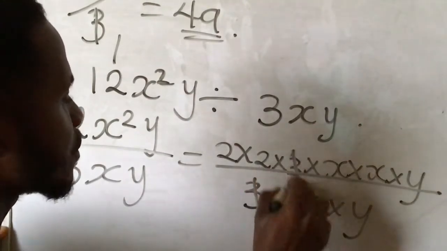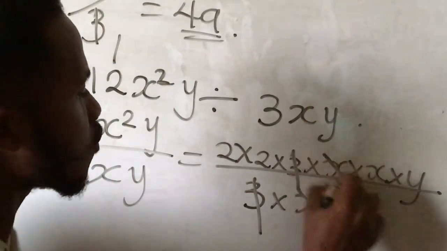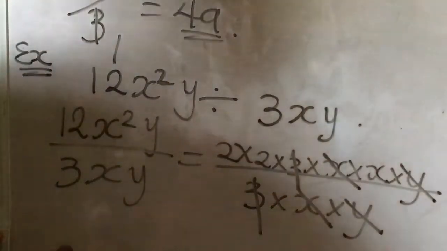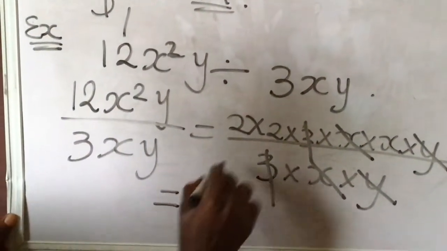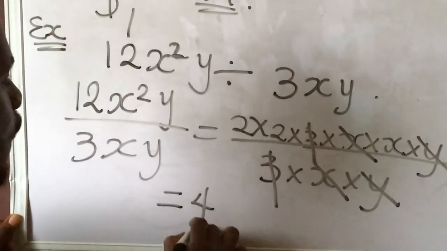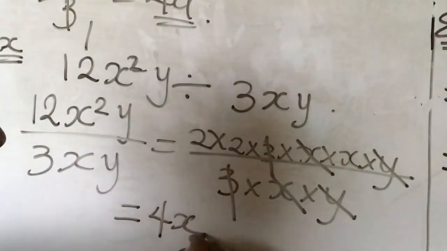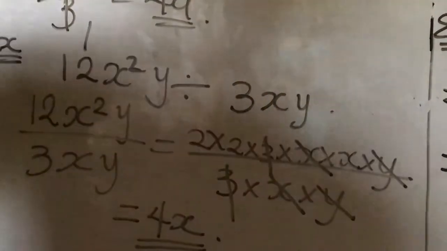So 3 cancels 3, x cancels one of the x, y cancels y, and I'll be left with 2 times 2, 4, and x, so my answer is 4x.